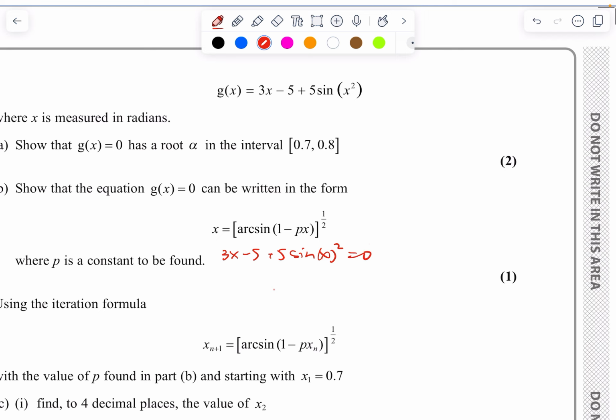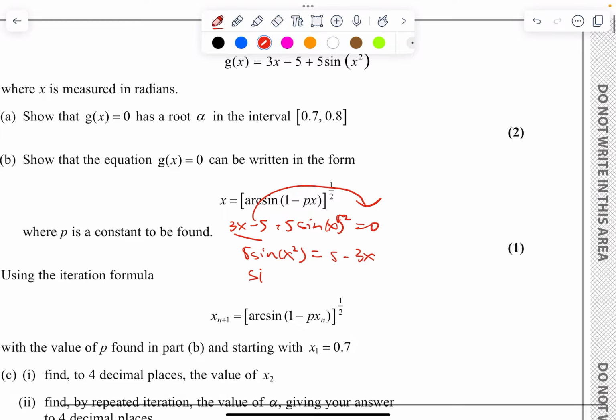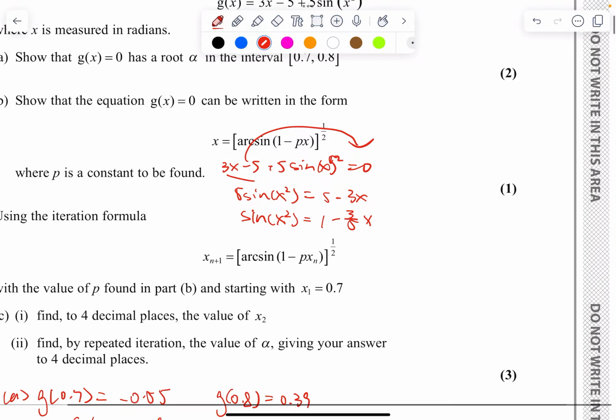So that means 5 sin(x squared), oh, the square should be inside by the way, would equal 5 minus 3x if we move these to the right. And then we can divide by 5, would equal 1 minus 3/5 x, okay?